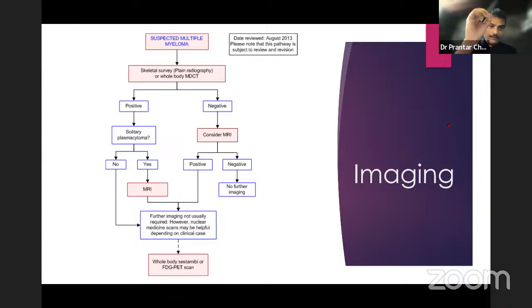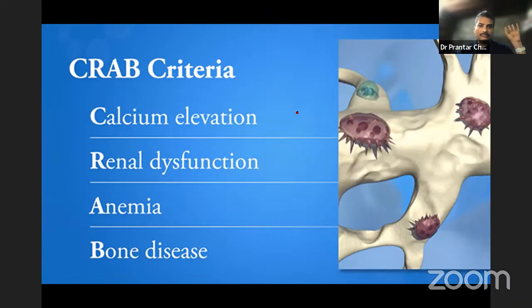So, if you find a lesion, if it's solitary, fine, you do an MRI. If it's negative, consider MRI or whole body CT or PET CT. Sometimes whole body MRI and whole body low dose CT is not available, but PET CT is available in most of the cities of India today.